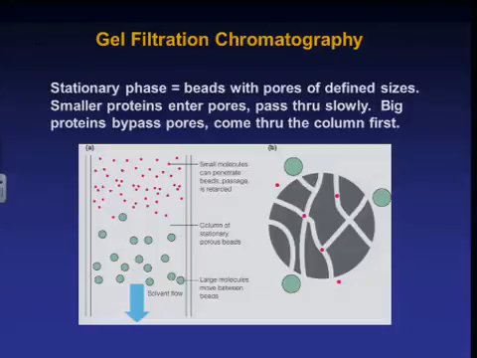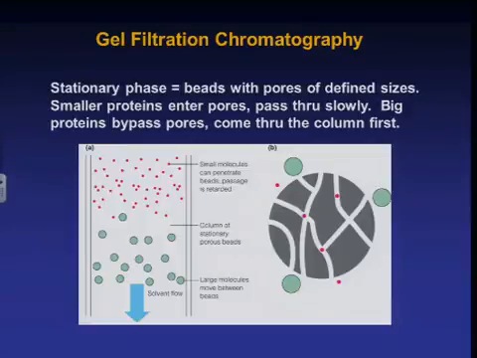If I present a mixture of proteins to those packed beads in the column, if a protein is small, it's going to be able to get in that little golf ball, right? And it's going to bang around in there for a while. As you're passing the buffer, it's going to bang around in there for a while before it finds its way out.